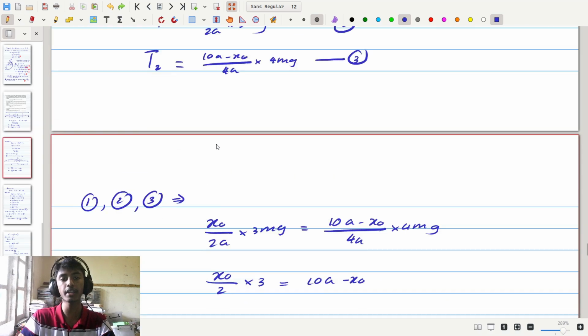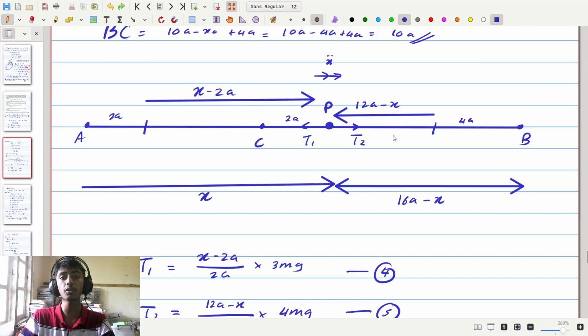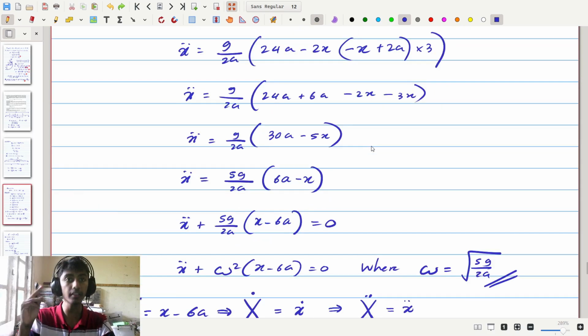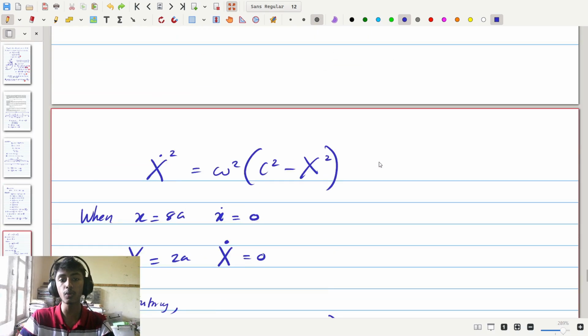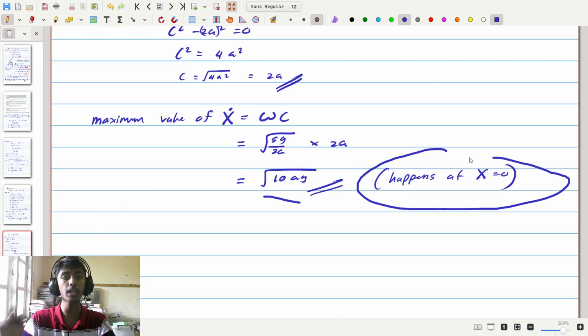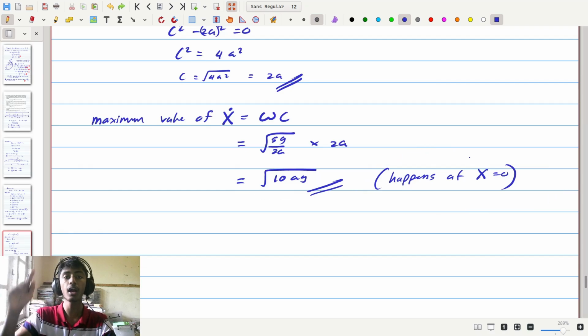For this one, we're going to use the same exact approach that we used here, only now instead of our initial velocity being 0, we know that at the point C, when we cut the string, the initial velocity is equal to root 10ag. This is exactly why I put capital X equals 0 as the location at which this happens, because we can use that to start our new motion when S2 is cut, using this velocity of root 10ag.